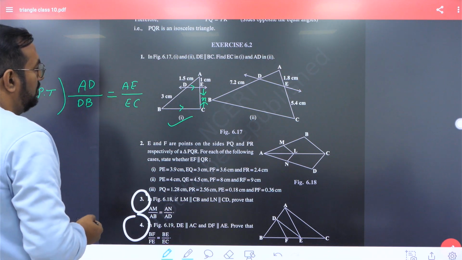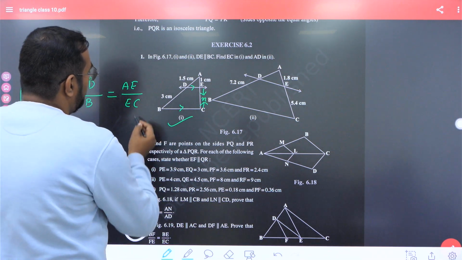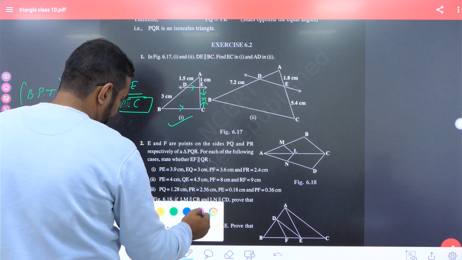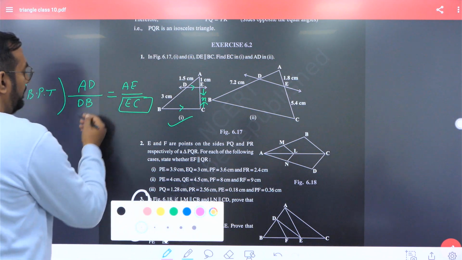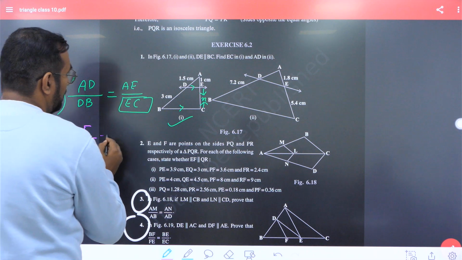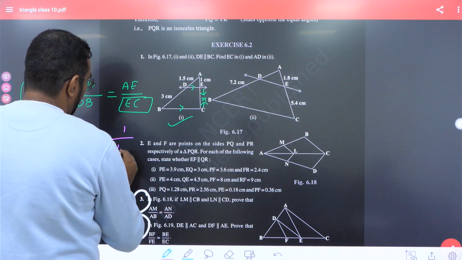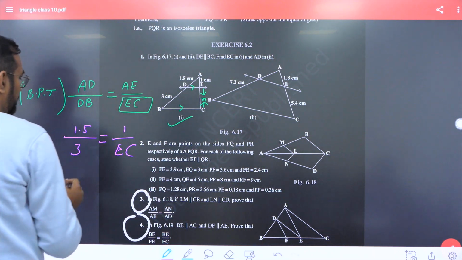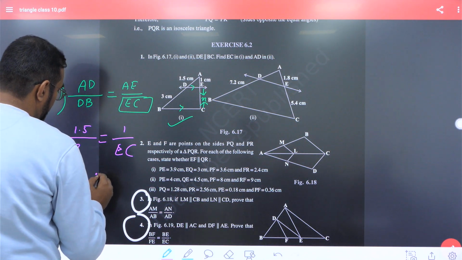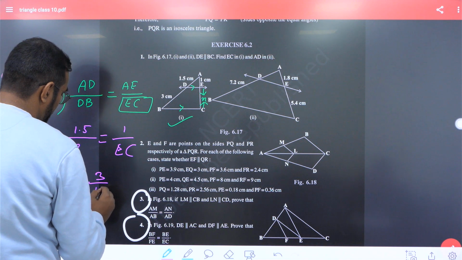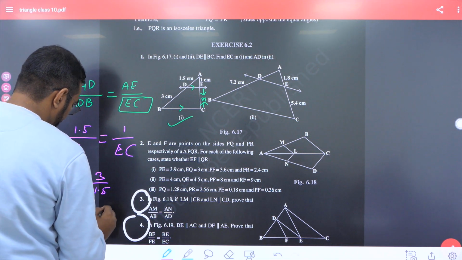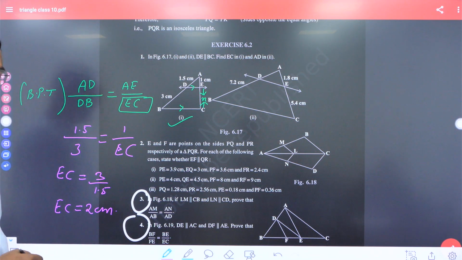So all the measures are given instead of EC, right? You can solve it, na? AD is 1.5, this one is 3, this one is 1, and you have to find EC. By transposing this you can find it. EC is equal to 2 times 3 upon 1.5, that is equal to 2 centimeter. Okay?